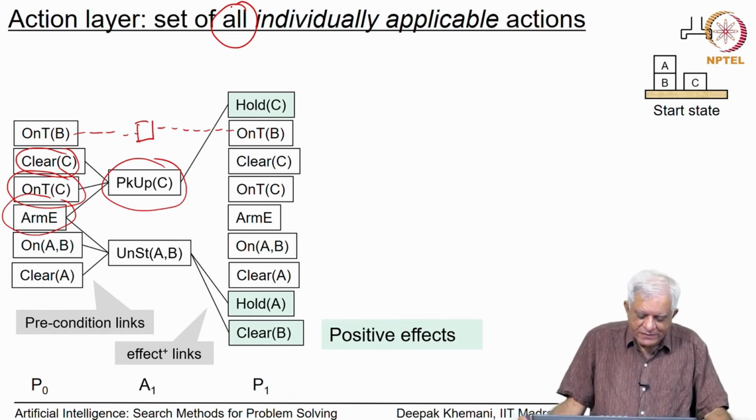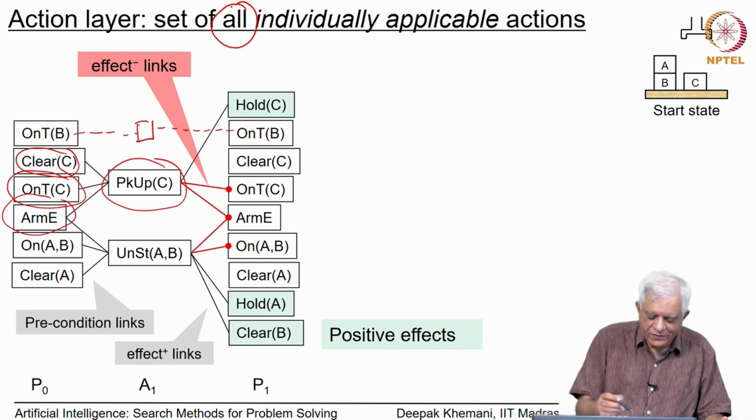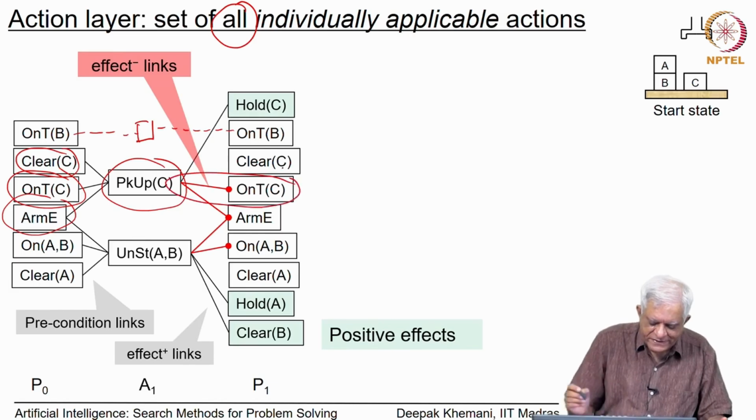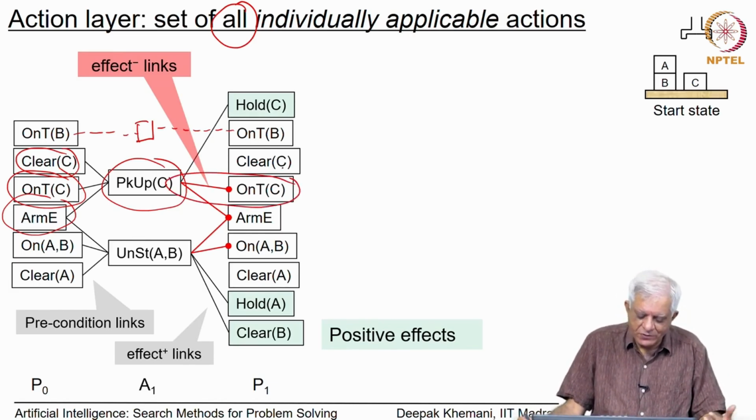What remains is negative effects, and the negative effects are stored in a different kind of link, which tells you that certain propositions are going to be deleted by this action. So, for example, this negative link says that if you pick up C, then on table C will no longer be true essentially.